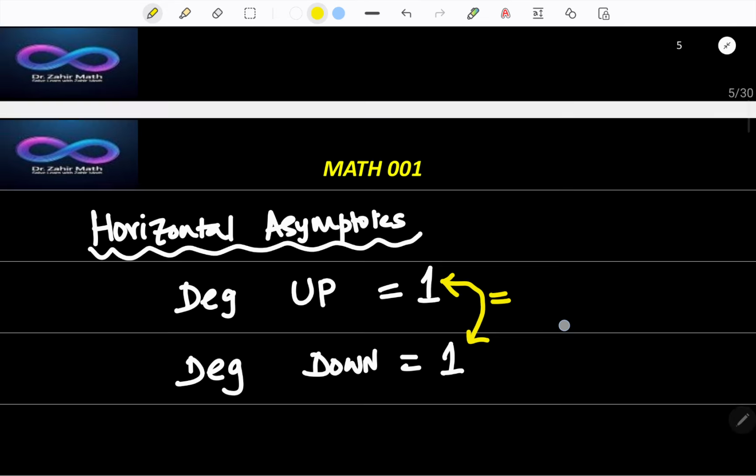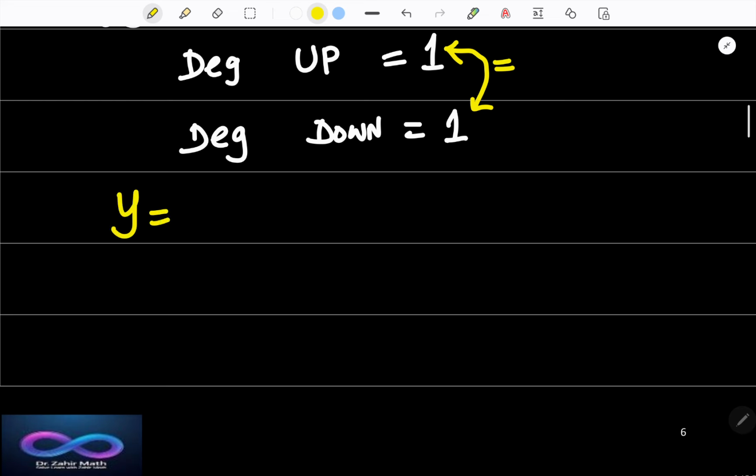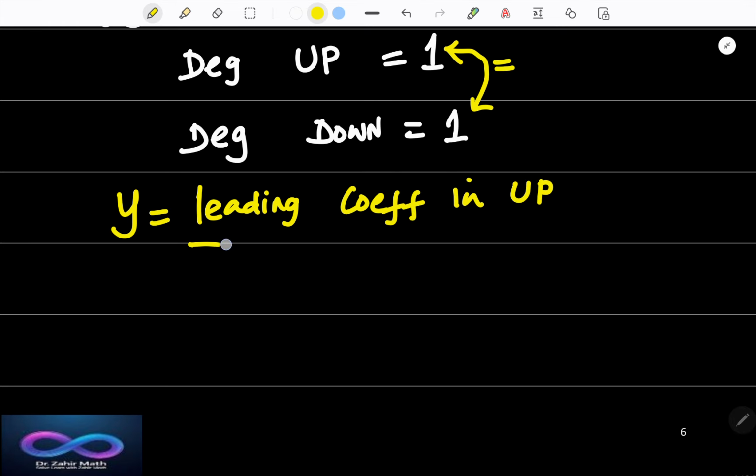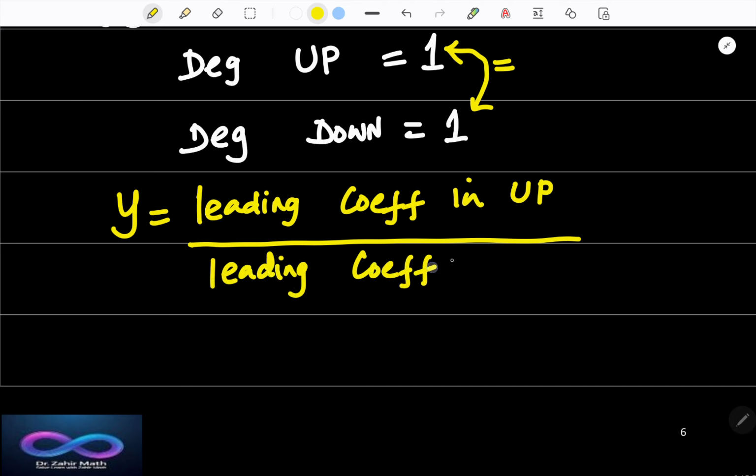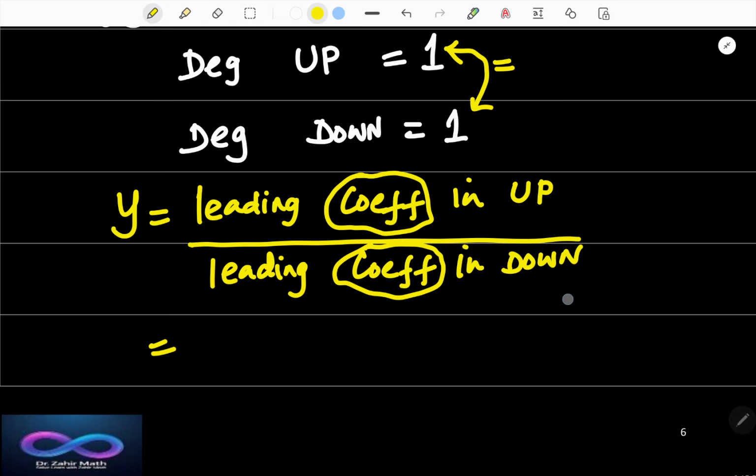It is equal. If it is equal, what is the rule? y is equal to the leading coefficient in the numerator, up, divided by the leading coefficient in the denominator, which is down, right? Leading means the big power. Big coefficient in the up, big coefficient in the down.